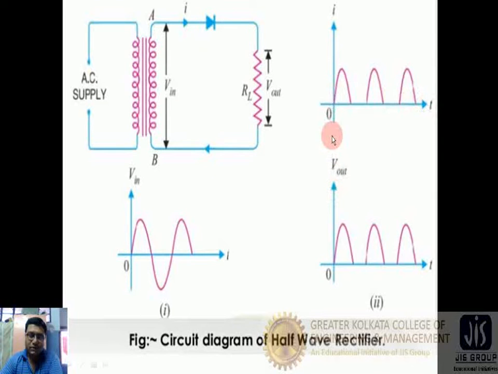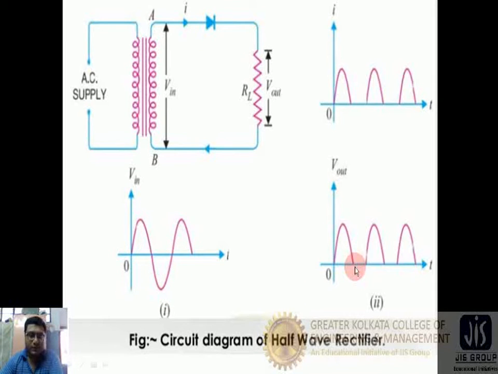Both are in the same phase, as the voltage and current are in the same phase for a resistive circuit. A resistive load is present. So the voltage and current are changing equally. So we can get only a peak of voltage or current for one cycle, we can get only half of it.